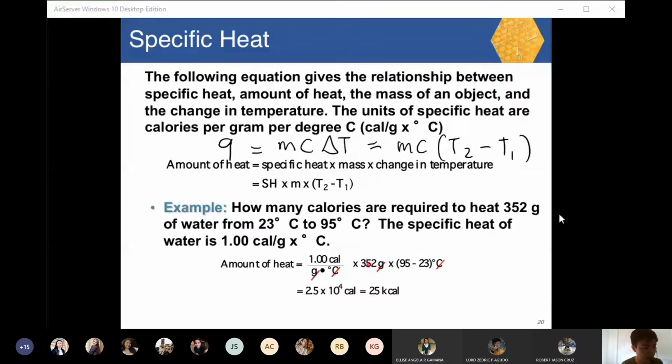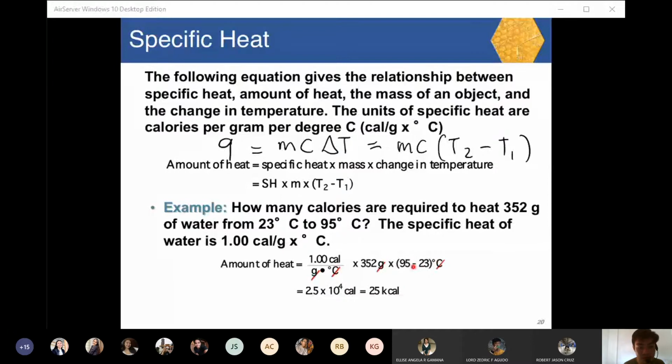Then the temperature difference. You need to know which is the final and which is the initial. Usually we have keywords: 'from' is the initial, 'to' is the final. So to get delta T, the change in temperature, that is 95 minus 23, the final temperature minus the initial temperature. So subtract that.